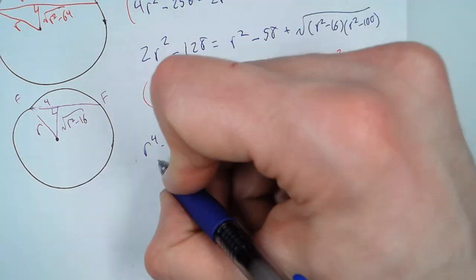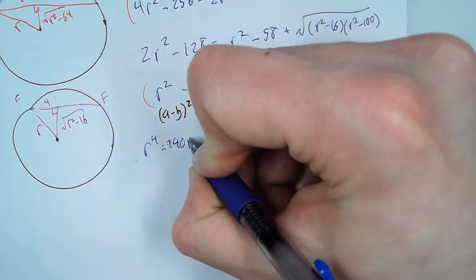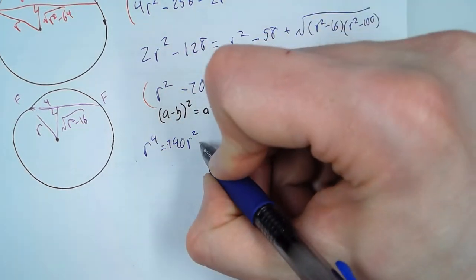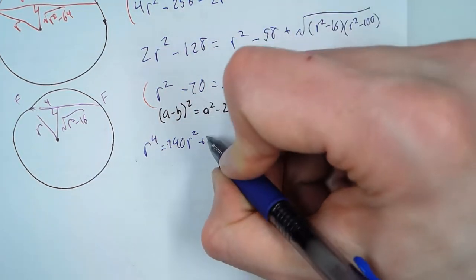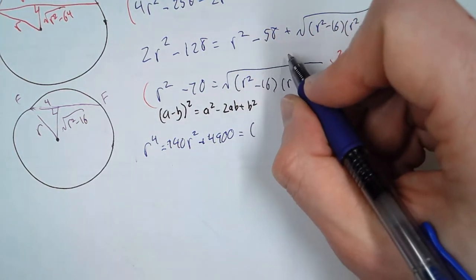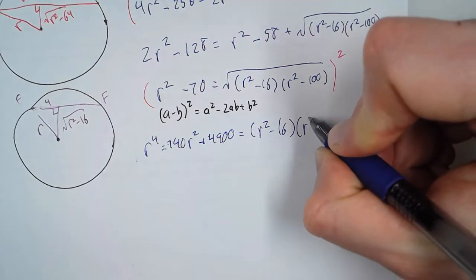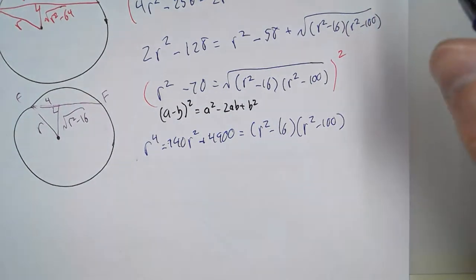So that's going to be minus 140 r squared, plus that squared is going to be 4900. And then the radical comes away here, so we've got r squared minus 16 and r squared minus 100.